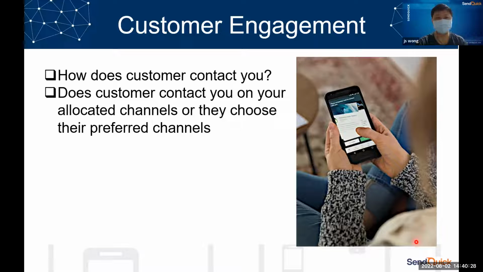So does the customer contact you on your allocated channels, or do they choose their preferred channel? I think it's a very important question. How does the customer choose to contact you? Is it because you say, call me on this number?